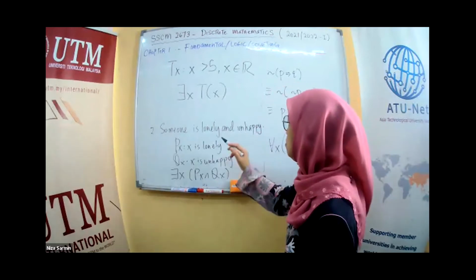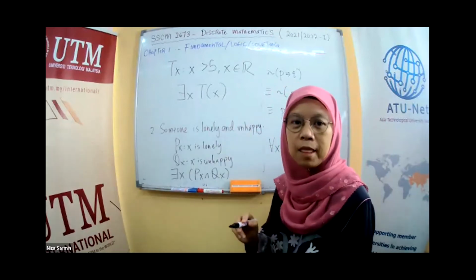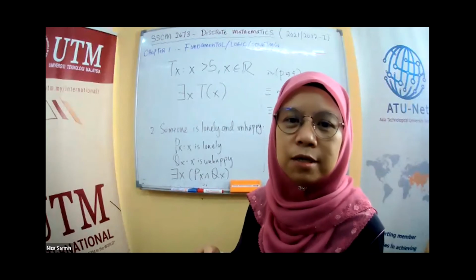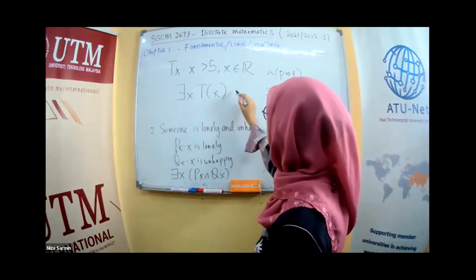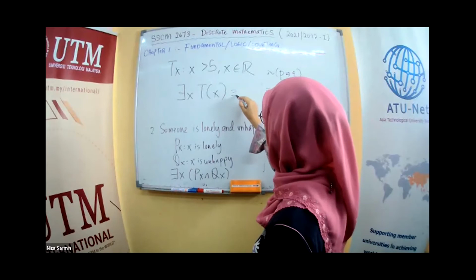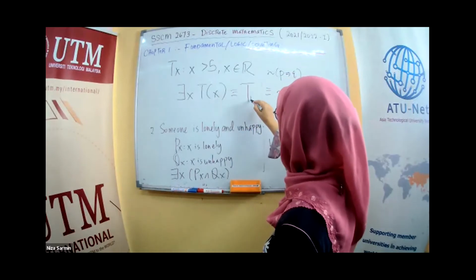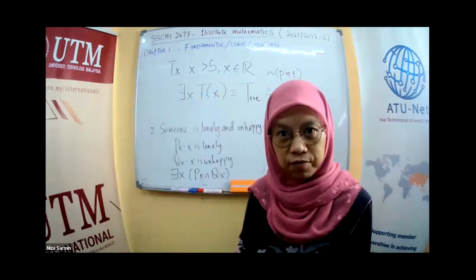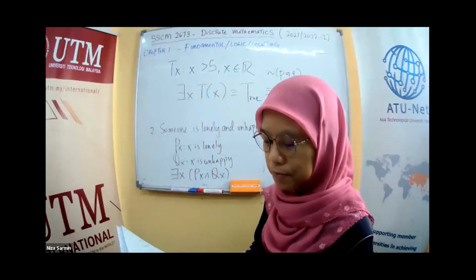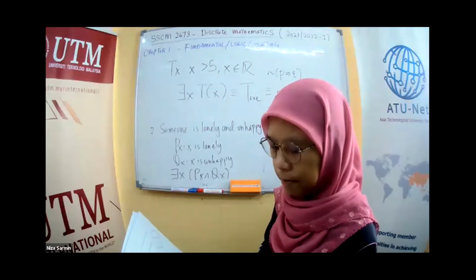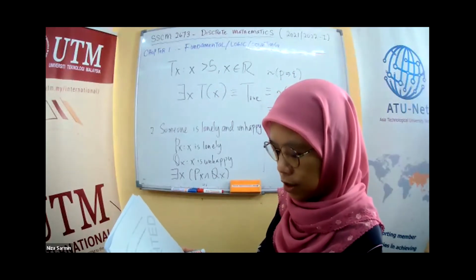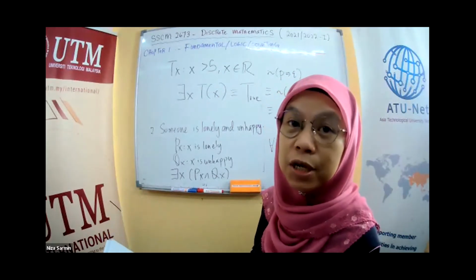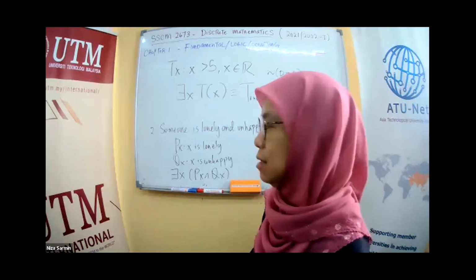The answer would be, Shakir? The answer should be true. Because there are numbers bigger than 5, although not all, right? Okay. Now I go to negation of quantified sentence.